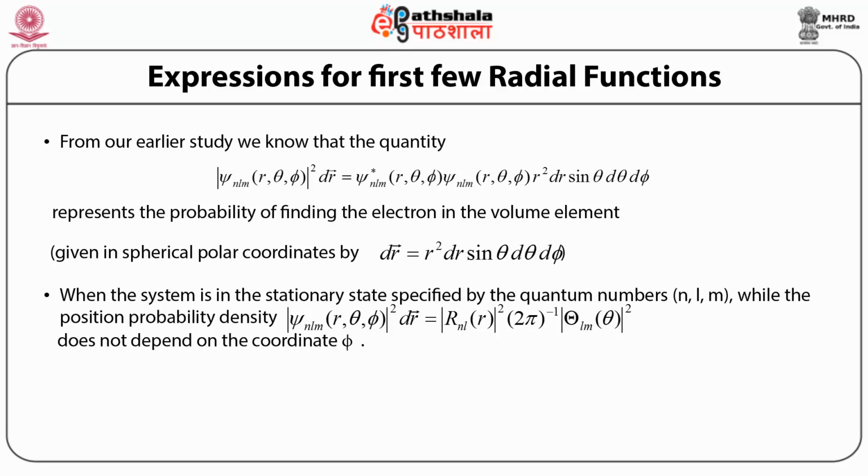While the position probability density is modulus of R_nl(r) the whole square multiplied by 2 pi to the power minus 1 multiplied by modulus of Theta_lm(theta) the whole square, which does not depend on the coordinate phi.